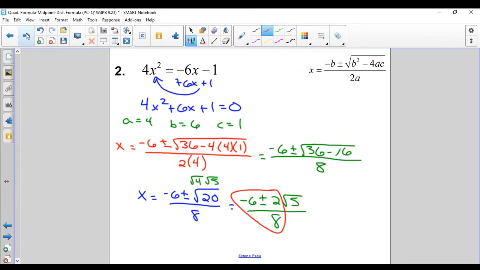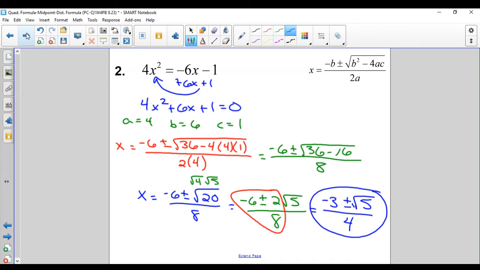So these three terms, -6, 2, and 8, can all be reduced by 2. So you reduce them all by 2, we get -3 plus or minus 1, if you want to write it, I'm just going to write square root of 5 there, all over 4. That would be your simplified solution.